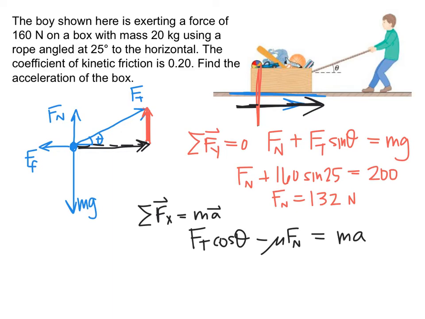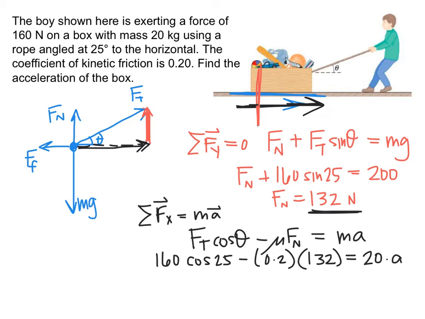Again, putting in some values here, I have my tension of 160 times the cosine of 25 minus mu, which has a value of 0.2 in the problem, and then I'm going to use this normal force that I just found, 132. Mass is 20, and then times a.